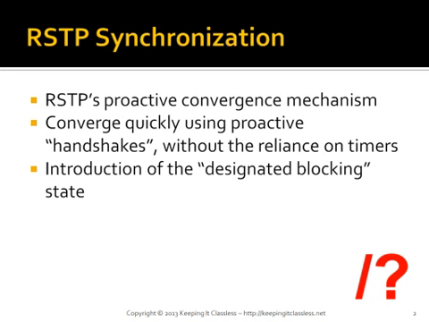Whenever a switch heard a BPDU in two places, it would say, okay, BPDU A looks like a better cost to the root than this other one, so I'm going to block the other one, and now you're my root port. That's all well and good, but the problem is that it relies on the forwarding delay timers. So RSTP does that a little differently.